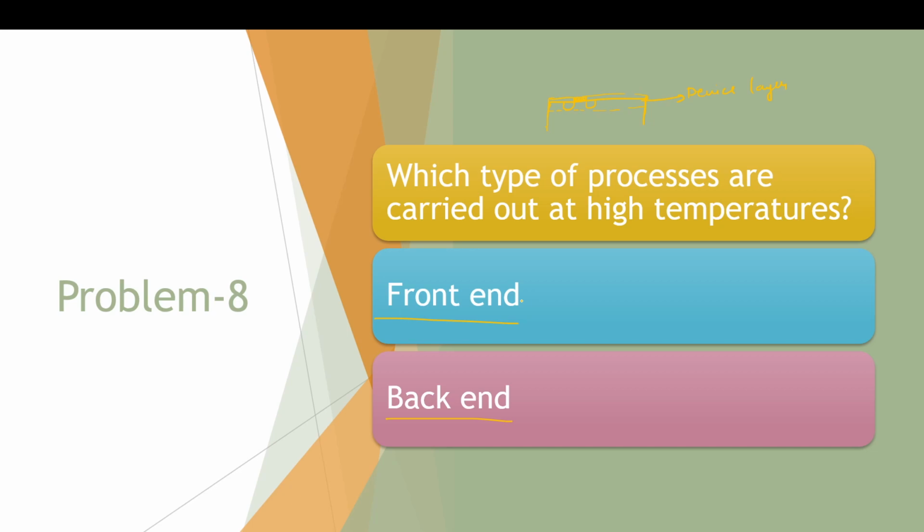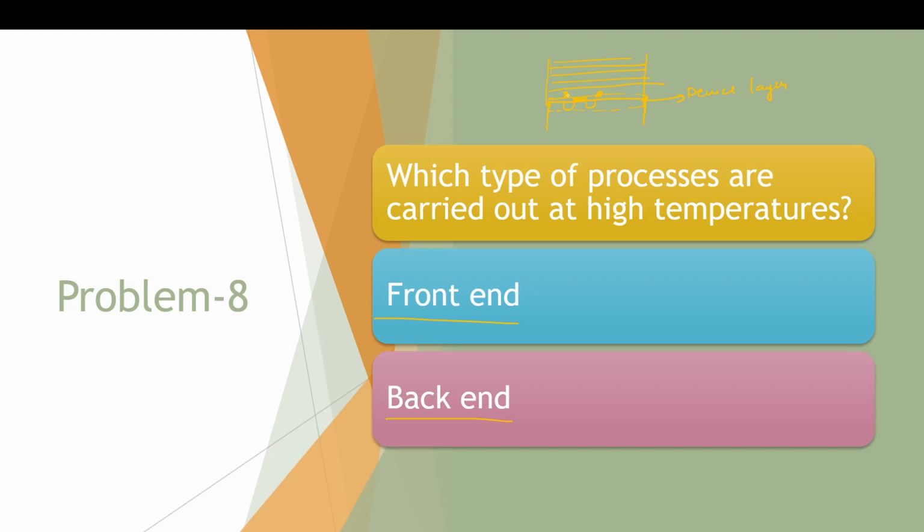Now once we have the device layer, there will be some metal pads on top of it, and we need to connect these metal pads to make connections between different devices. So there will be different devices here, transistors, resistors, capacitors, everything, and then we need to connect these devices. For connecting these devices we have multiple interconnection layers.